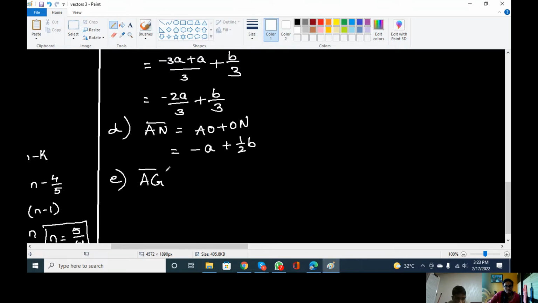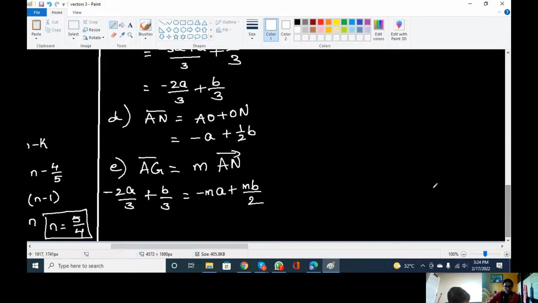Vector AG is equal to M times AN vector. So AG is negative 2A over 3 plus B over 3, that is equal to M times AN. AN is this one. So we will multiply and write directly M times of negative A minus MA plus M times of B by 2 is MB by 2.